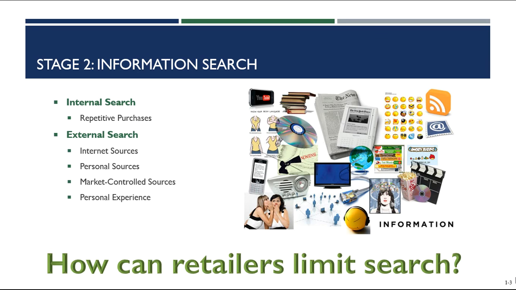One thing to get us started, one way retailers limit search is that they make sure their websites are up to date with product information, sale information, and other forms of information that consumers might want. And the reason we try to limit search is because we hope that when they come to our website, they don't need to go further to look for information. They can move on to the next stage of their buying process, hopefully with us.